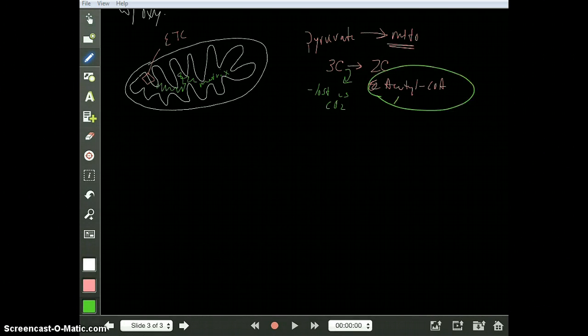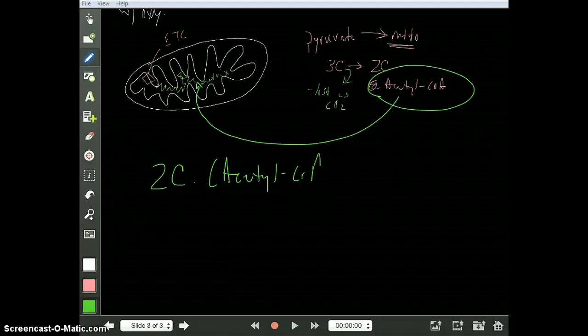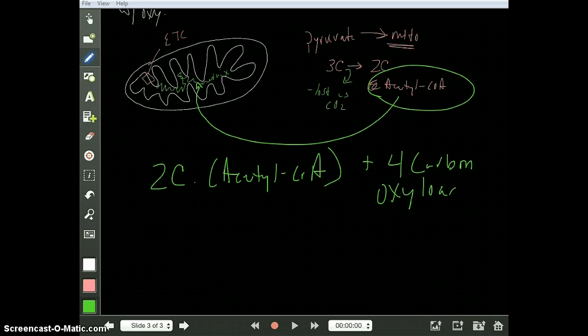This guy enters into the matrix. So I have a 2-carbon acetyl-CoA that joins up with a 4-carbon structure, oxaloacetate, making a 6-carbon structure.